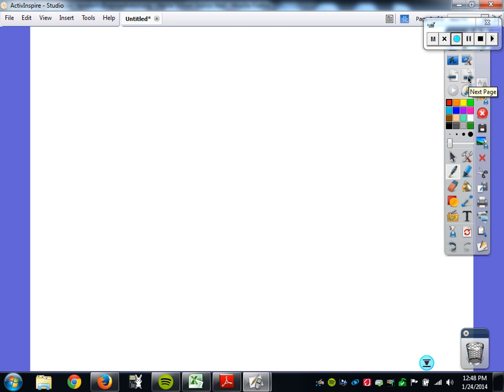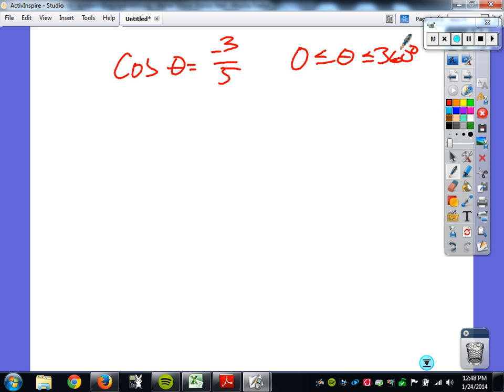Example 4. So what's my answer going to be between? I only want one angle because it's not perfect. If it was like 60 degrees or one of our unit circle ones, I'd have to do both, but because this isn't perfect, I wanted it only.